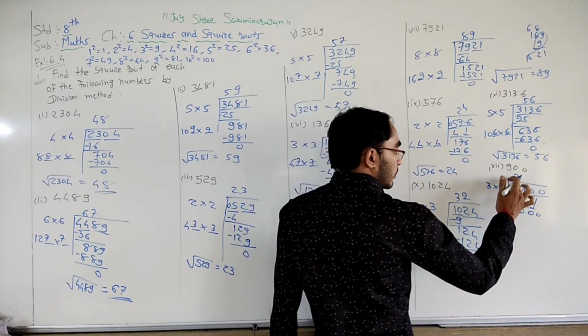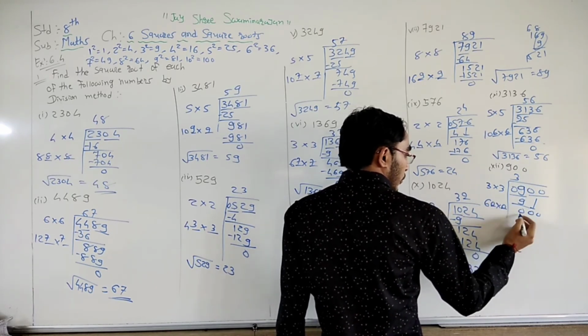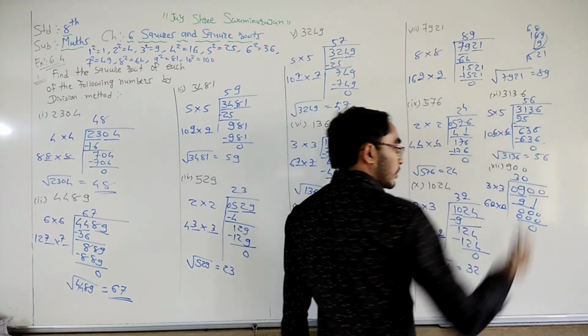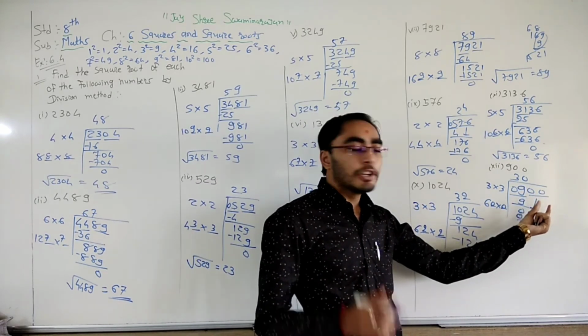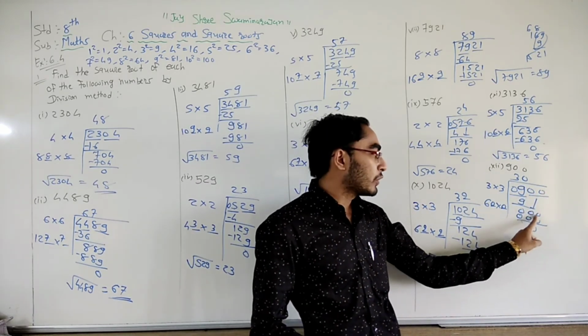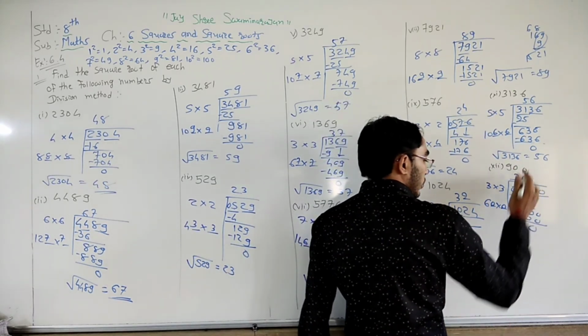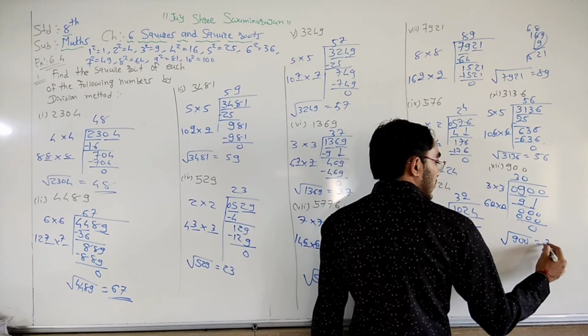Here we need to multiply by 2, which is 6. So here we need to put 0, so we get the answer 0. Every pair we need to give one chance. Here 0 is there, so we put 0 here. So the square root of 900 is 30.